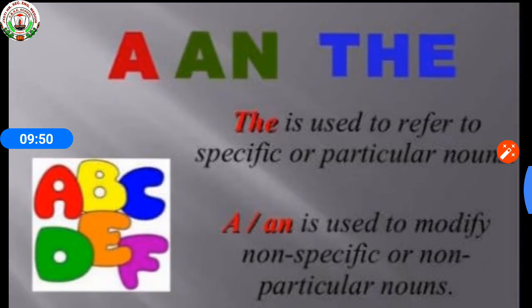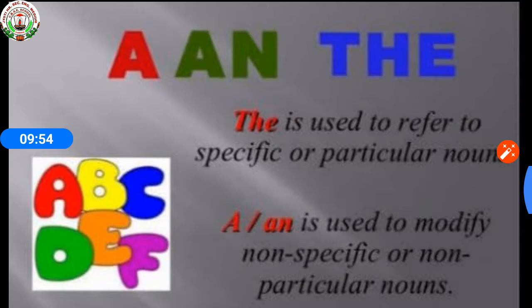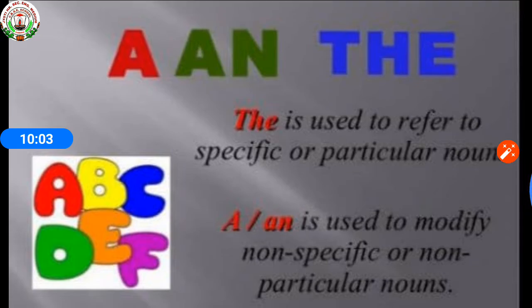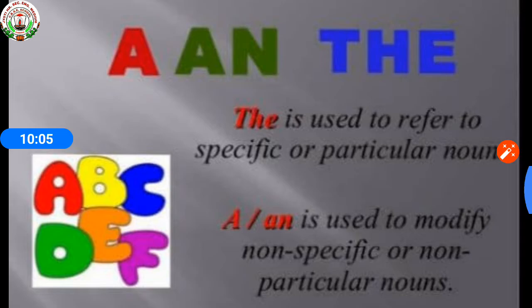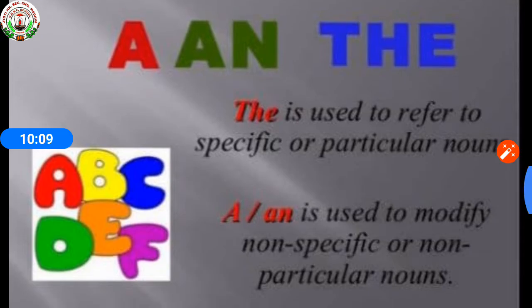In this picture you can see the is used to refer to a specific or particular noun. In the previous picture I already told you, the is used to refer to a specific or particular noun, and a or an is used to modify non-specific or non-particular nouns.